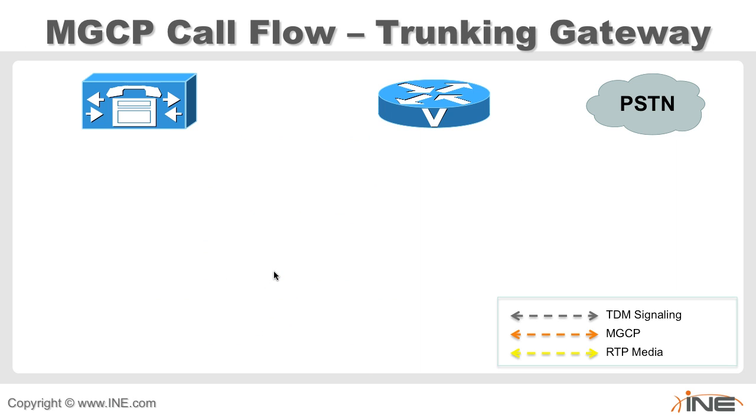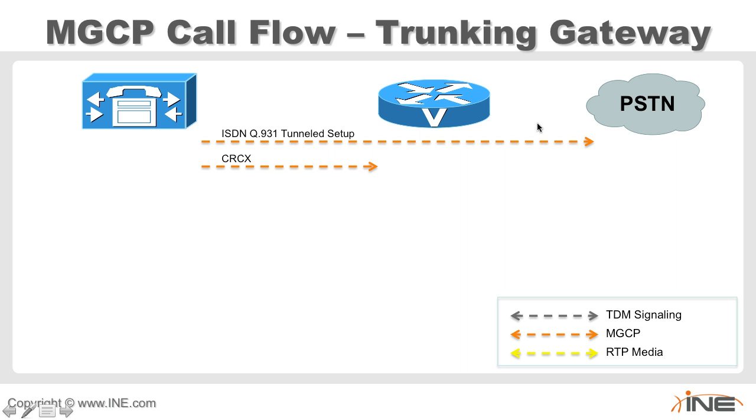Now, a trunking gateway out to a digital circuit is a little bit different. This is really trunking to something like a PRI, because we have an ISDN Q931 tunneled setup message through the router, not to it, but directly through to the PSTN. Then we tell the MGCP client, the gateway, to create the connection.